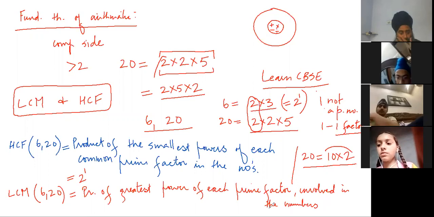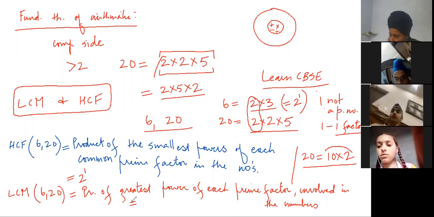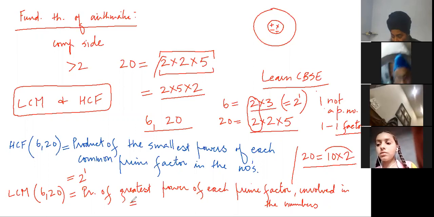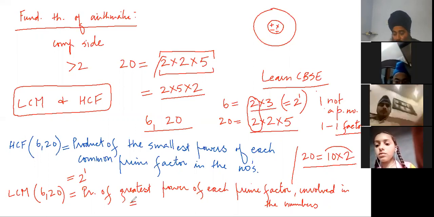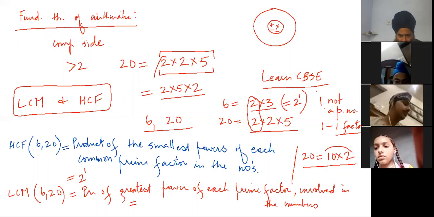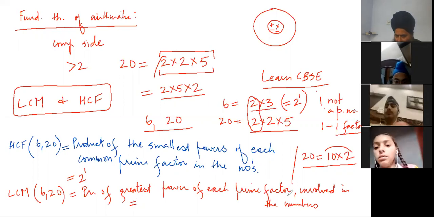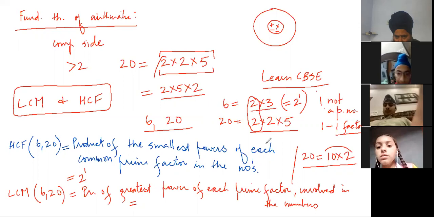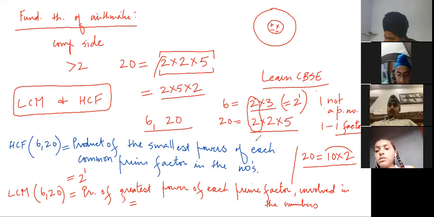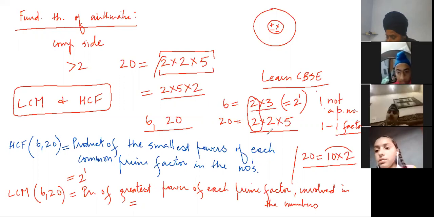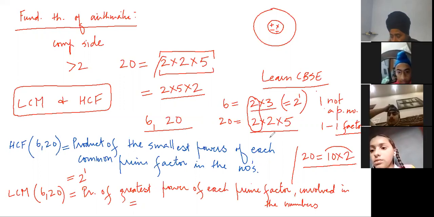Which numbers? These numbers. So what is the product of the greatest power of each prime factor? There's no common thing here. Product of the greatest powers of each prime factor involved in the numbers.